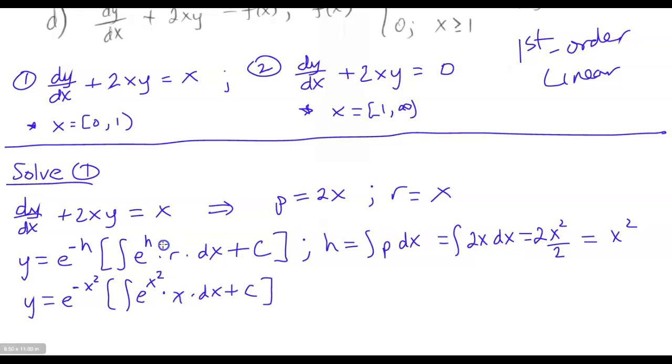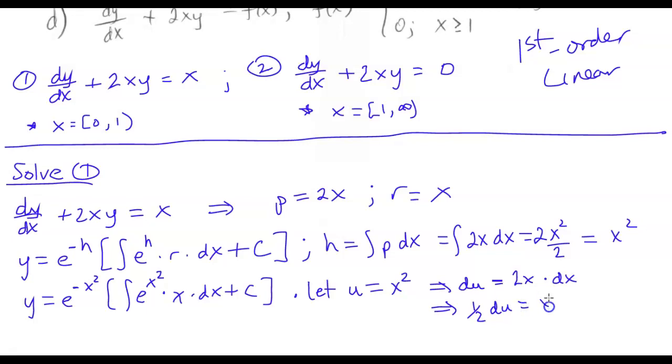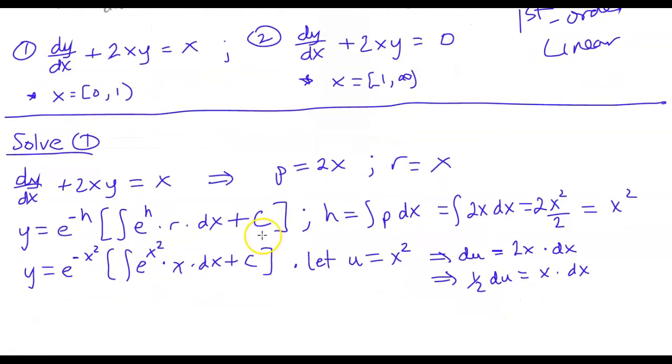And of course, we have this x here, so we know that the substitution rule would work. So we're going to say let u equal x squared, and then that implies that du is equal to 2x dx, which also implies that 1/2 du is equal to x dx. And of course, we see x dx here, so that can be replaced by 1/2 du, and x squared can be replaced by u. So we have everything that we need.